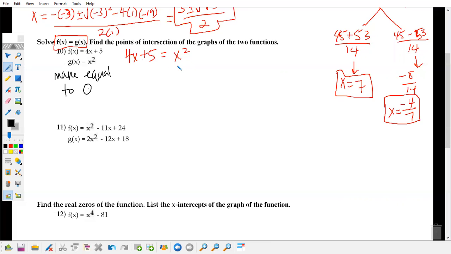We try not to make it a negative, so you want your a to be positive when possible. The key here is we want a to be greater than 0, meaning we want it to be positive. So we're actually going to move the 4x and the 5. That leaves us with 0 equals x squared minus 4x minus 5.